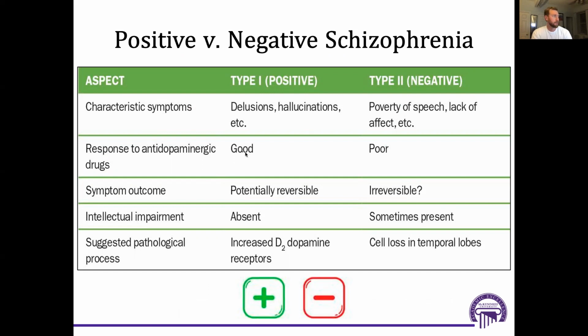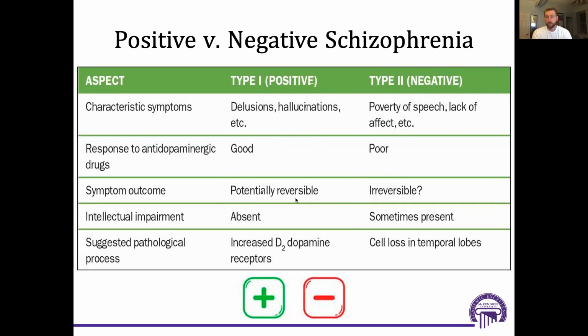We'll talk about this here in a minute, but there is an overabundance of dopamine in the schizophrenic brain. So a lot of drugs try to reduce the levels of dopamine in the brain. Some symptoms can be treated through this anti-dopaminergic drug. They tend to be positive, but in the case of negative, kind of a poorer outcome.